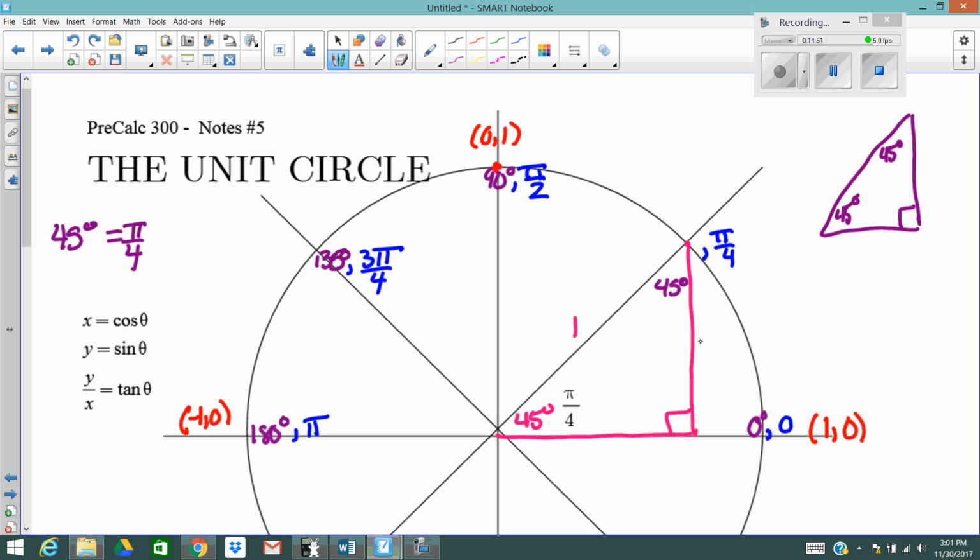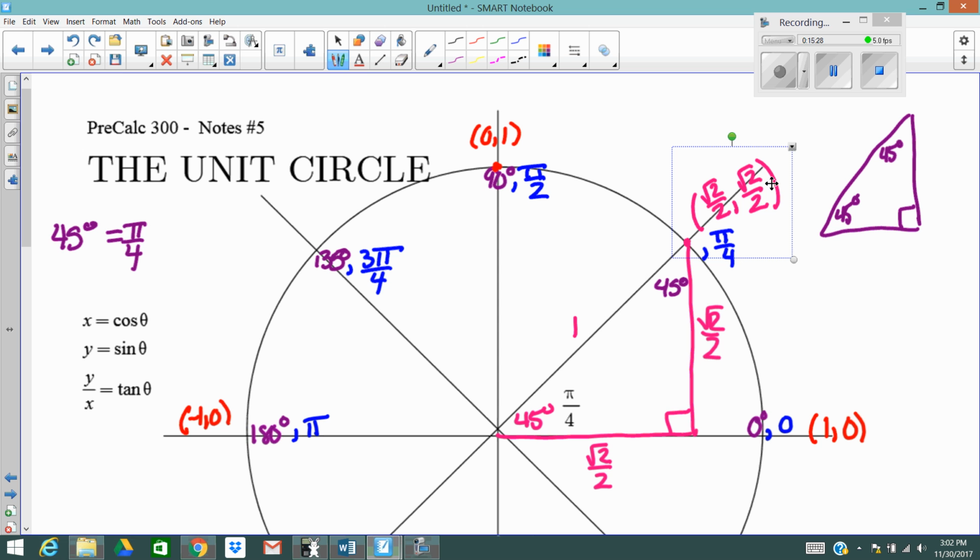So that means that opposite the 45 is square root of 2 over 2. So that means that the coordinates of my point are square root of 2 over 2. Or if we do cosine of 45, it is square root of 2 over 2 over 1. Sine of 45 is square root of 2 over 2 over 1. So there are my coordinates, cosine and sine.